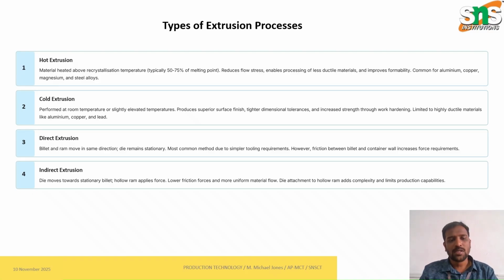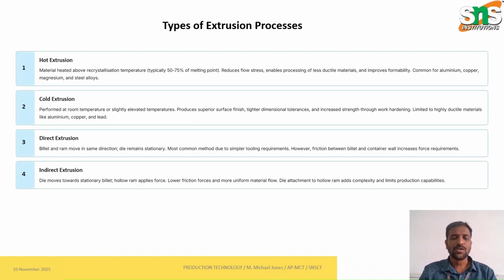In the extrusion process we have 4 different types: hot extrusion, cold extrusion, direct extrusion, and indirect extrusion. In hot extrusion, material is heated above the recrystallization temperature, and in cold extrusion, the material is extruded at room temperature or very slightly elevated temperatures. In direct extrusion, the billet, the raw material, and the ram move in the same direction.